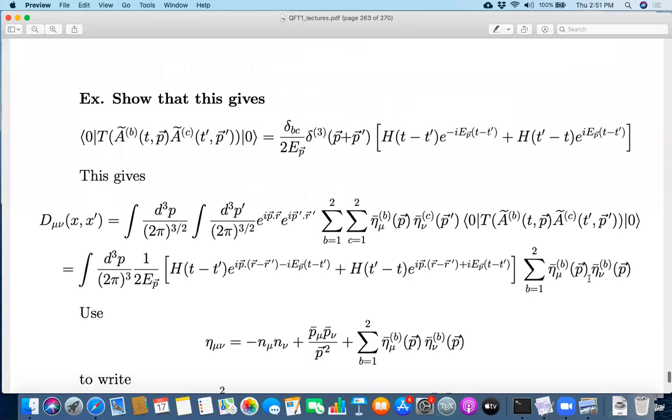And then here you see that it was p and p prime, right? But because of this delta q, p plus p prime that comes here, p prime got set equal to minus p.